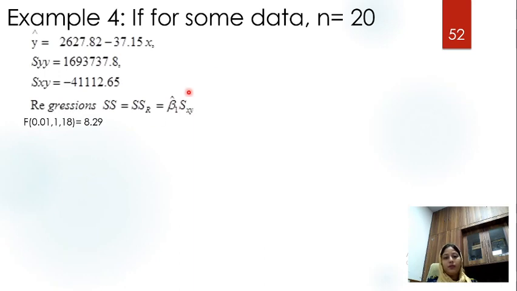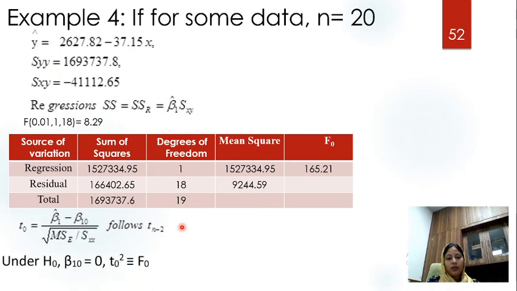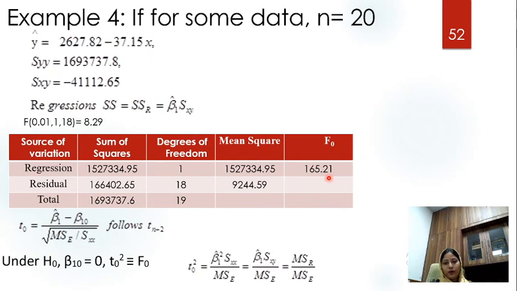For example, for some data, N is 20, and Y hat is also given to us; this is all calculated. You are supposed to carry out your ANOVA test and check whether t0 square is equal to F0, that is, whether both the procedures give identical results or not.